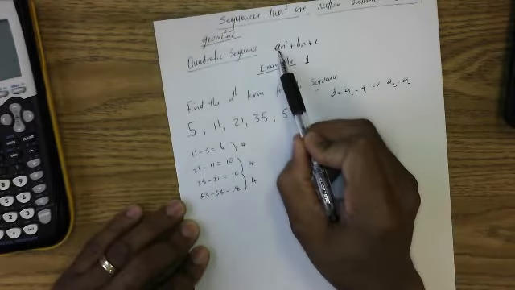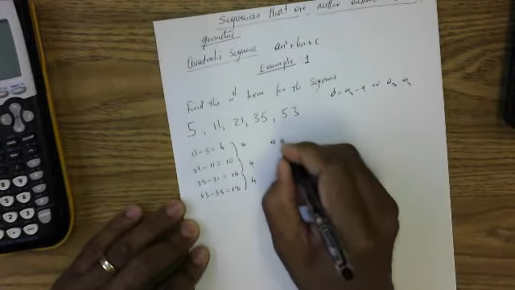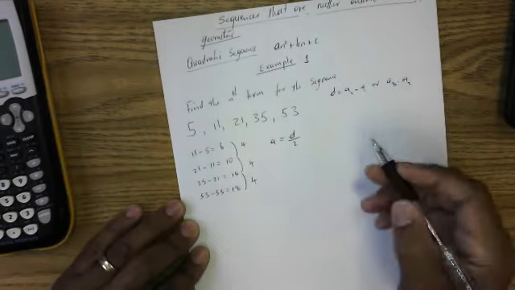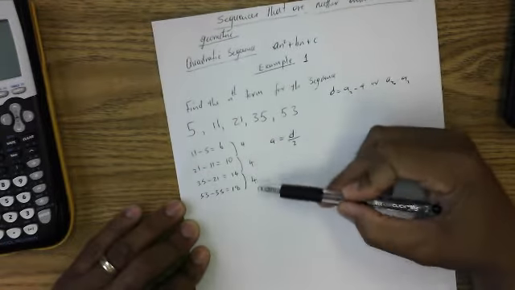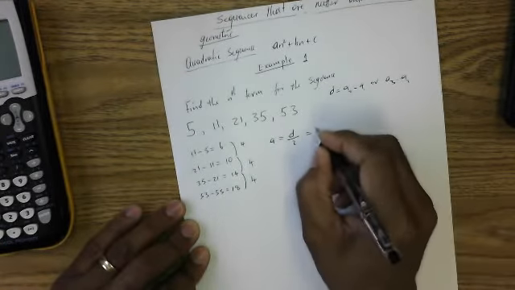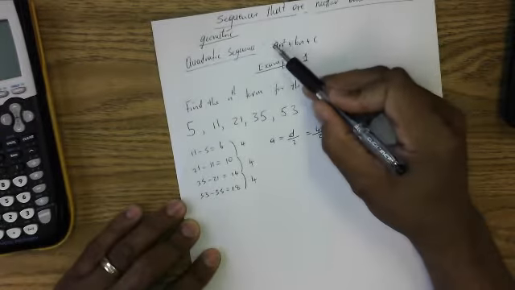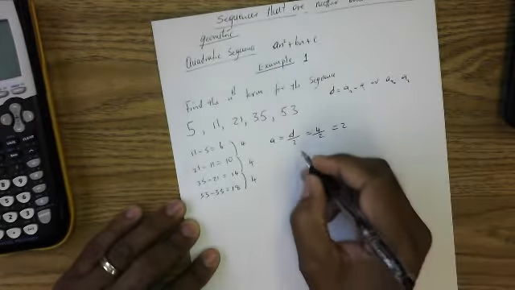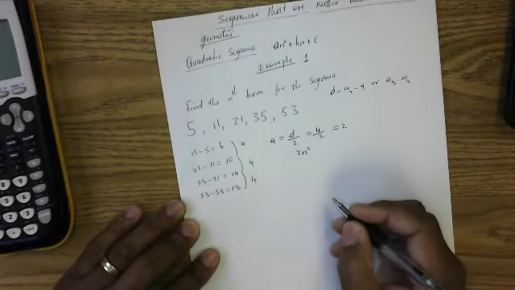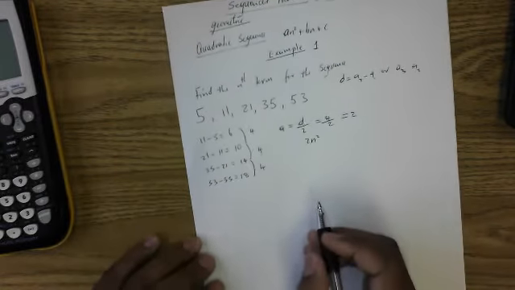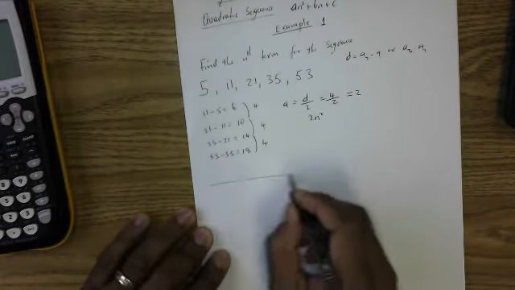To find a from the general form, a equals d divided by 2. This d is the common difference here. So that would be 4 divided by 2, which is 2. And so our first term, an squared, will just be 2n squared. Now that we have found that term, we're going to our table.